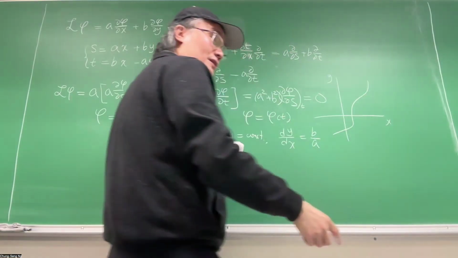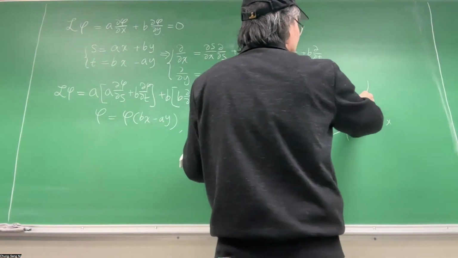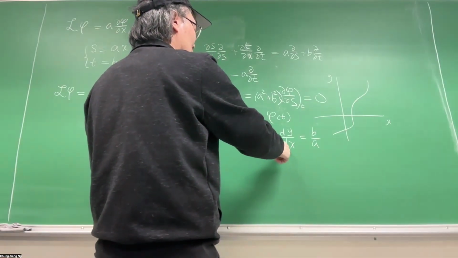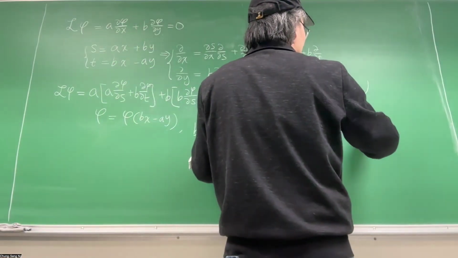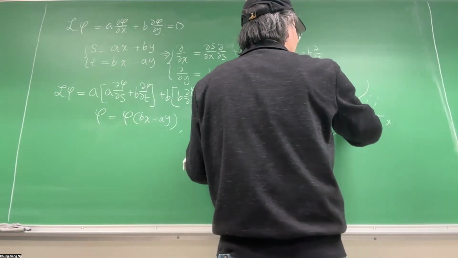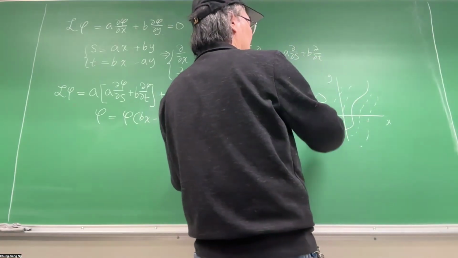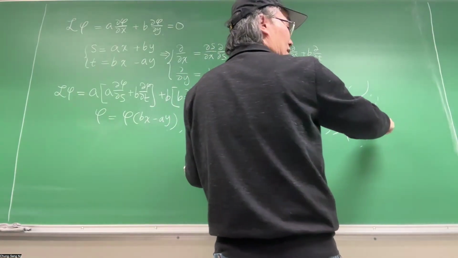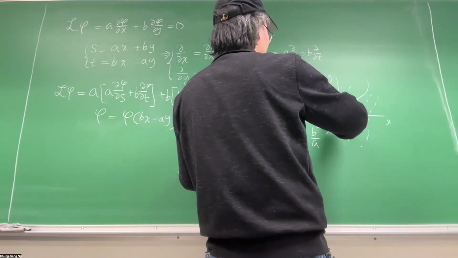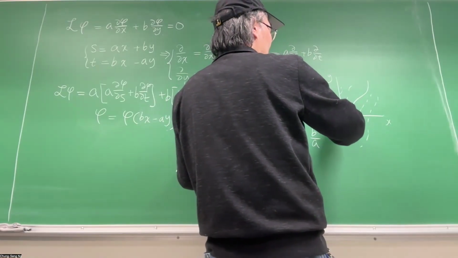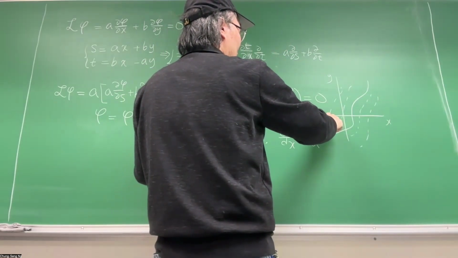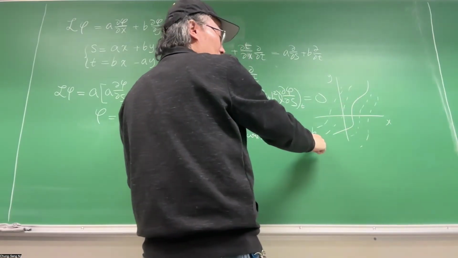If the characteristic is like that, this is just one characteristic, and there should be a family of characteristics. If you specify a boundary condition here, then that's okay, because you just propagate whatever the value of phi is on the line y equals 0, and that value will be the same along each characteristic.